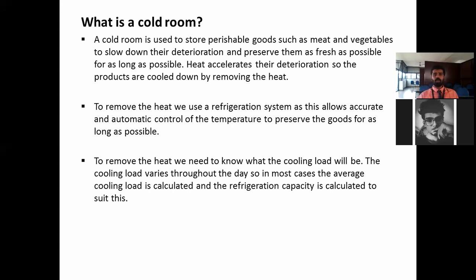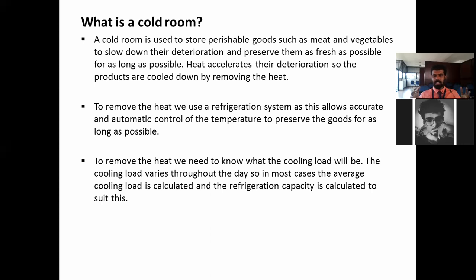A cold room is used to store perishable goods such as meat and vegetables to slow down their deterioration. This deterioration means they will perish easily. So we have to slow down the deterioration time so that we can preserve them for a long time. That is our aim. This mainly happens due to the heat which is generated.